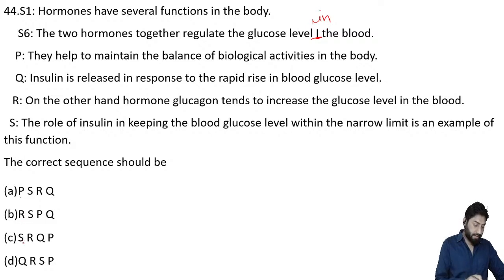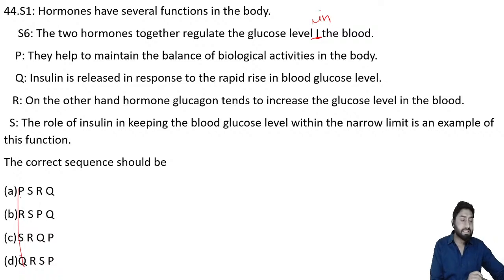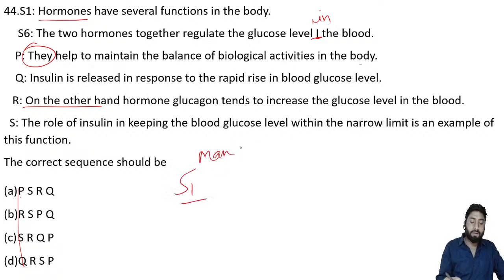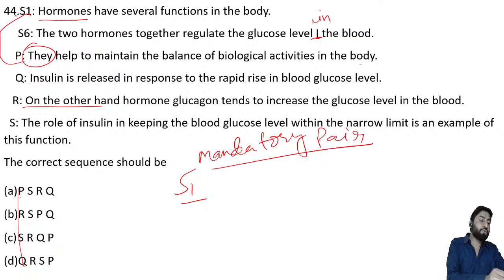Talking about elimination, P, R, S, Q are all the options we have, so we cannot eliminate from here. So work on the mandatory pairs. Which works with S1? Let's talk about that. S1: hormones have several functions in the body. They help to maintain the balance of the biological activities in the body. Insulin is related to, see, hormones have, if we talk about hormones, on the other hand this cannot be the mandatory pair with S1. We are looking for a mandatory pair with S1, right? So I'll not go into much detail, but this much we understand, they give a clue that with S1, P will go as a mandatory pair.